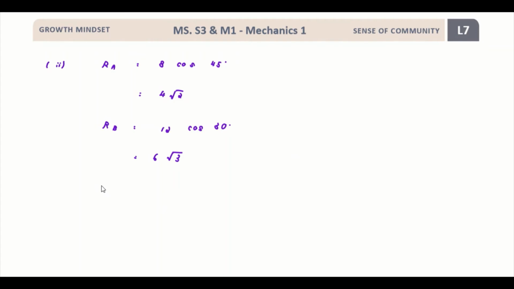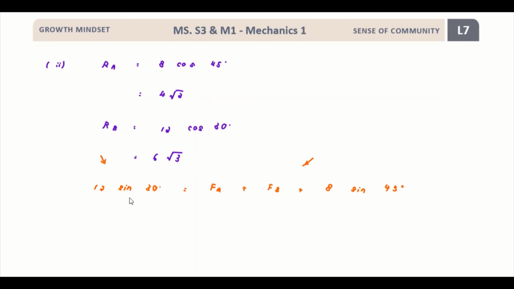Towards the direction of particle B, we have 12 sine 30, and it will be equal to all the three other forces moving in the opposite direction. So we have friction of A, friction of B, and also the resolved weight, which is 8 sine 45. So this is the equilibrium. The forces going here are the same as the forces going here.